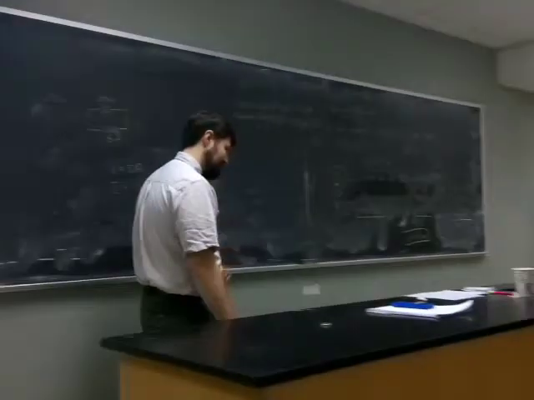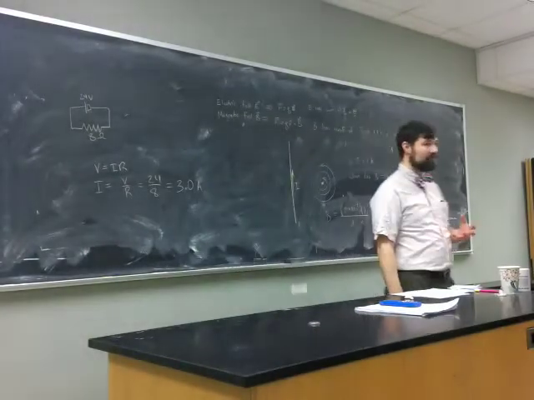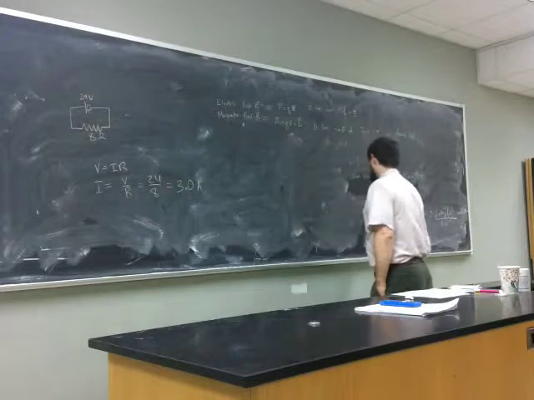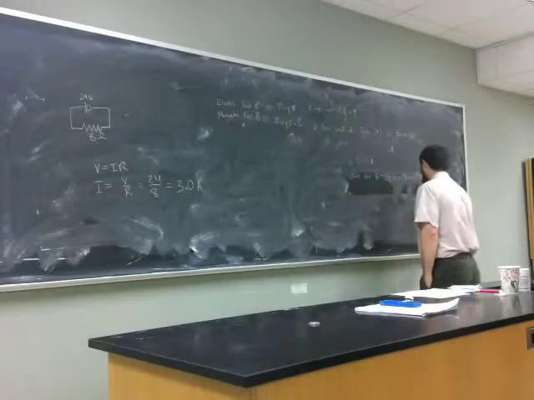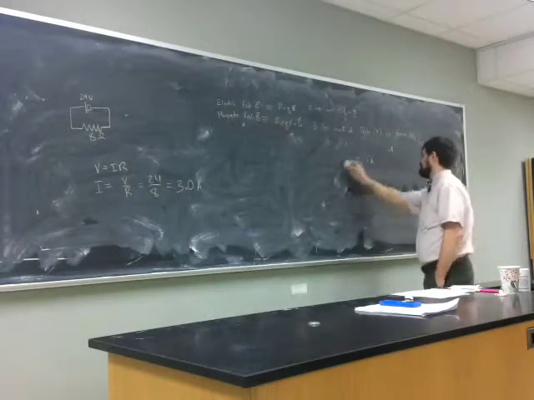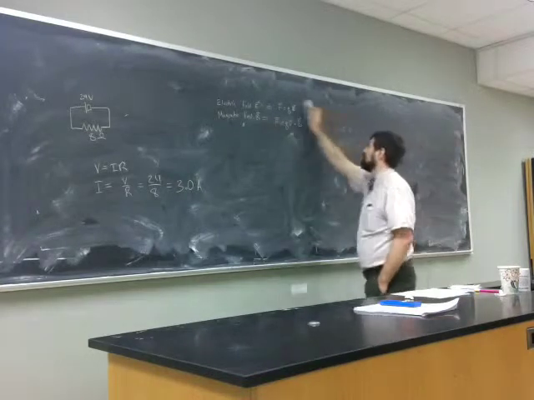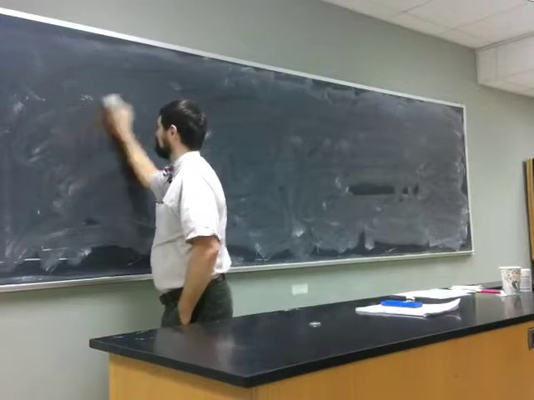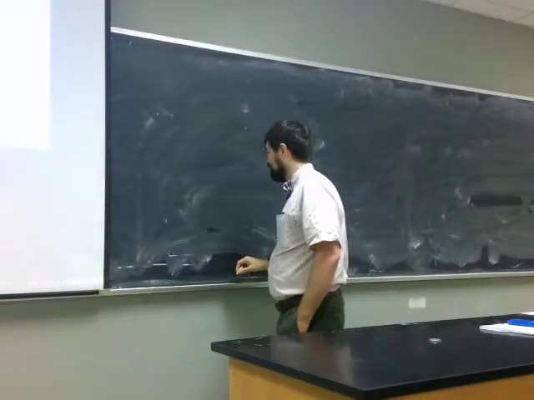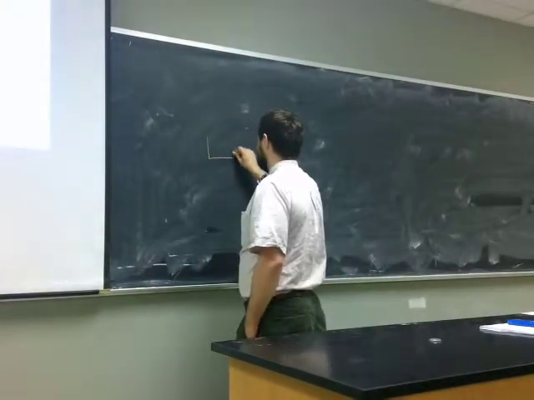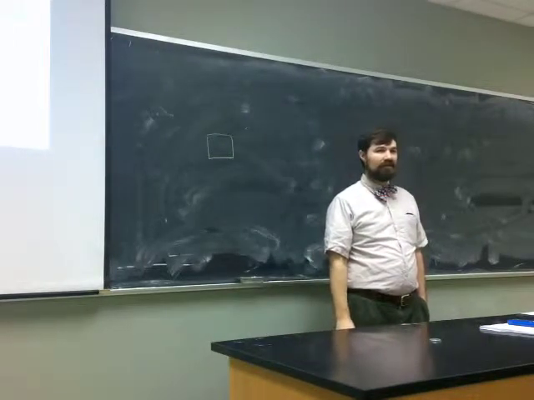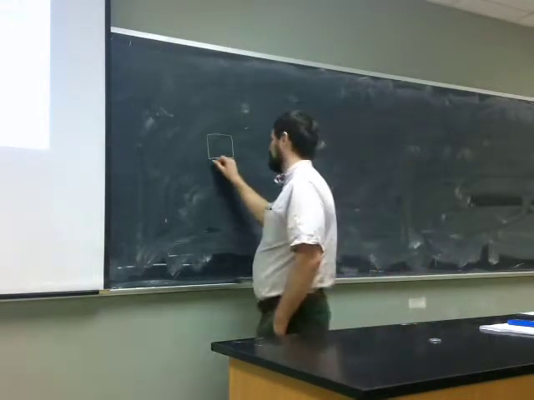How do they do that? How does a motor operate? How does it function? Basically, the operation is as follows. You have, for simplicity, a loop like this that carries current around it.